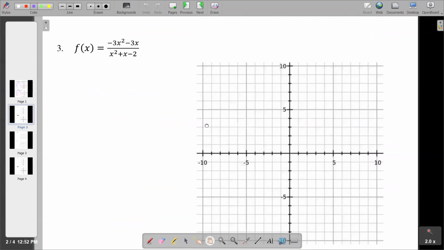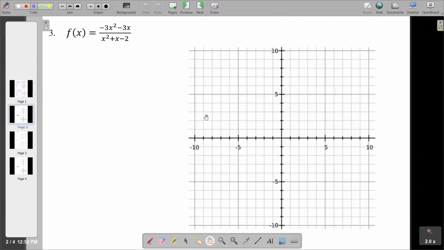Number 3. Let's factor the top. What do we do?